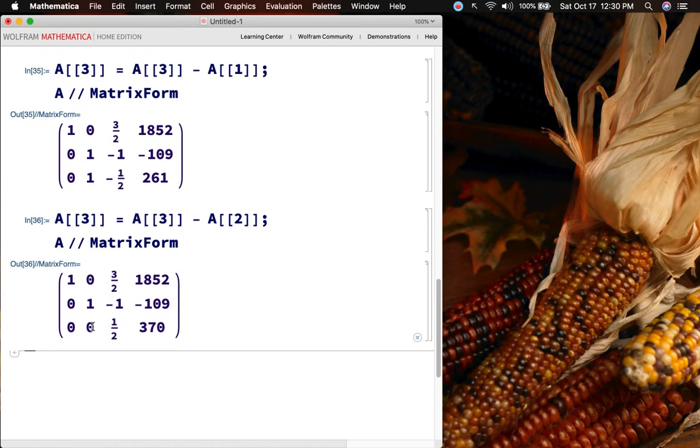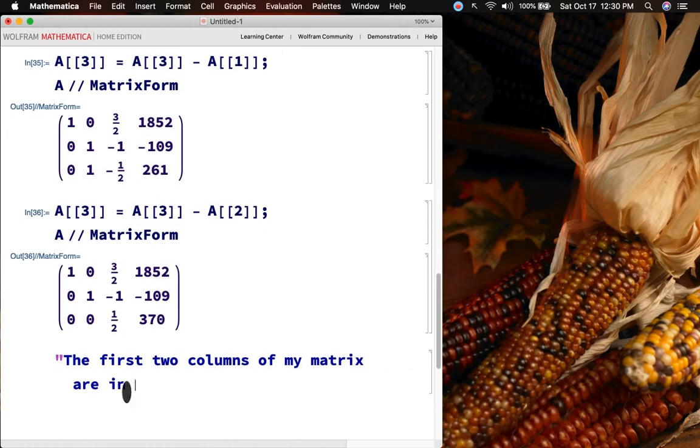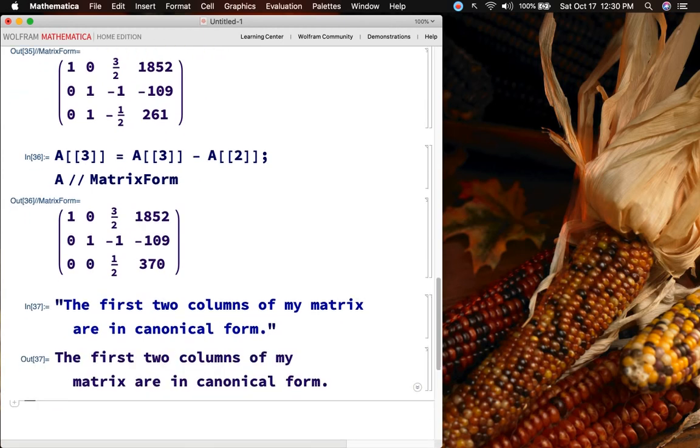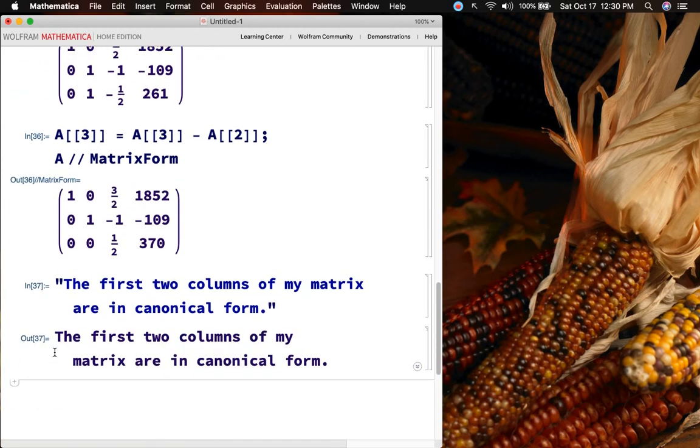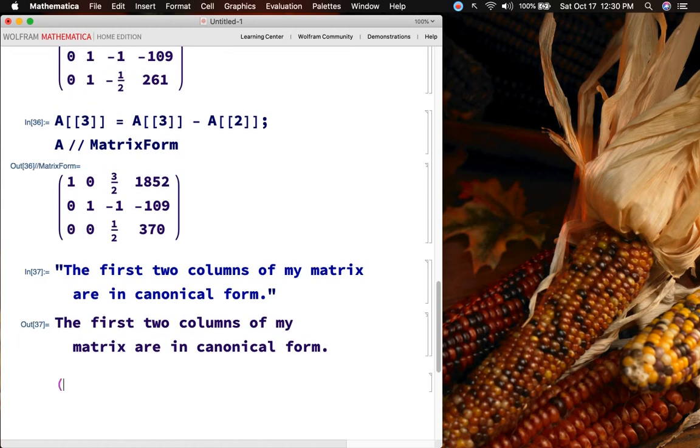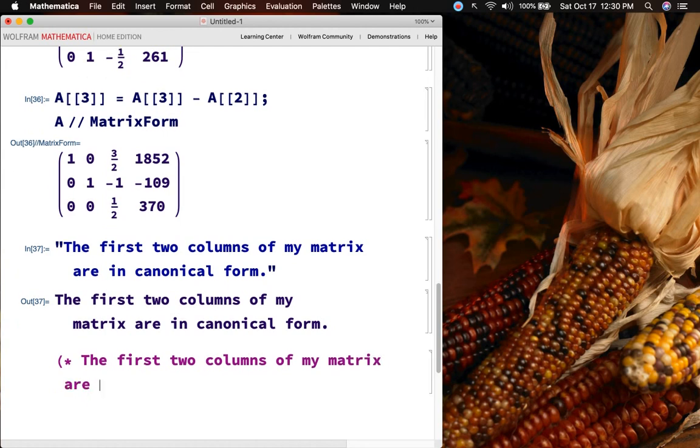Okay, the first two columns are finished. The first two columns are in canonical form. Or I could write a comment to myself in Mathematica by using these delimiters: the first two columns of my matrix are in canonical form.